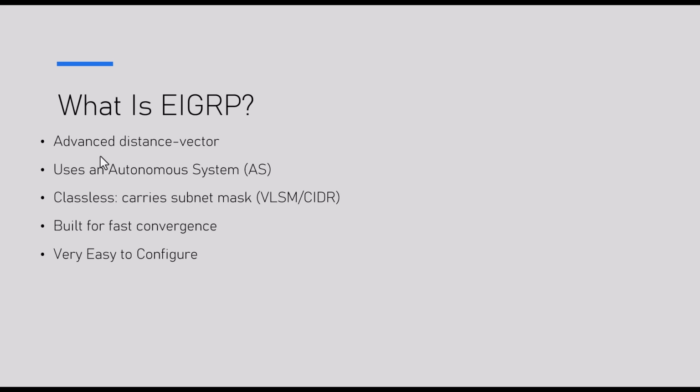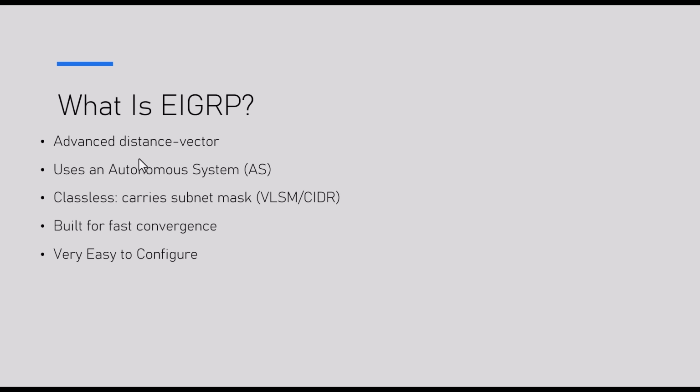Compared to RIP, of course, this has some extra great features that you can't find in RIP. For example, we don't really have any limit for the number of hops from the source to the destination. In RIP that was 16. We have something that we call a region. A region is called an autonomous system in EIGRP, so you can have multiple regions in your network.